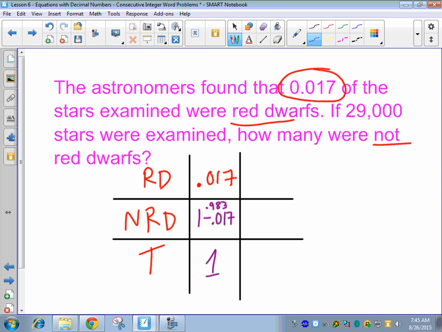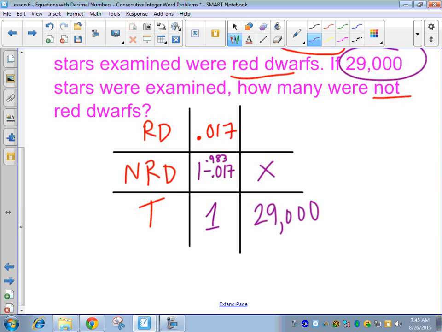All right, 29,000 stars were examined, so 29,000 is the total. How many were not red dwarfs? So we need our variable here. And we're going to cross multiply.